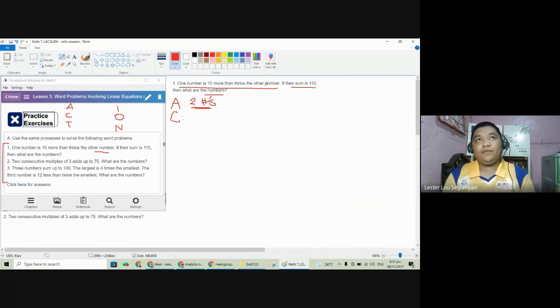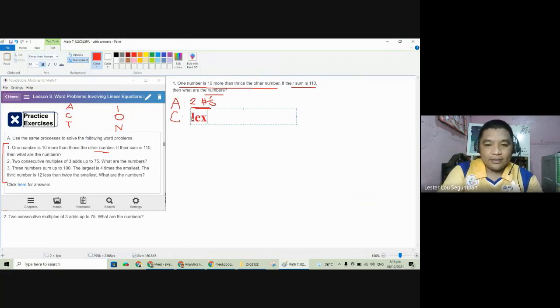Why? Because if you have a smaller number and then a larger number dependent on that smaller number, we're just going to give the correct representation to the larger number once we apply the simplest representation to the smaller number. And the simpler representation is when we say let x be the smaller.